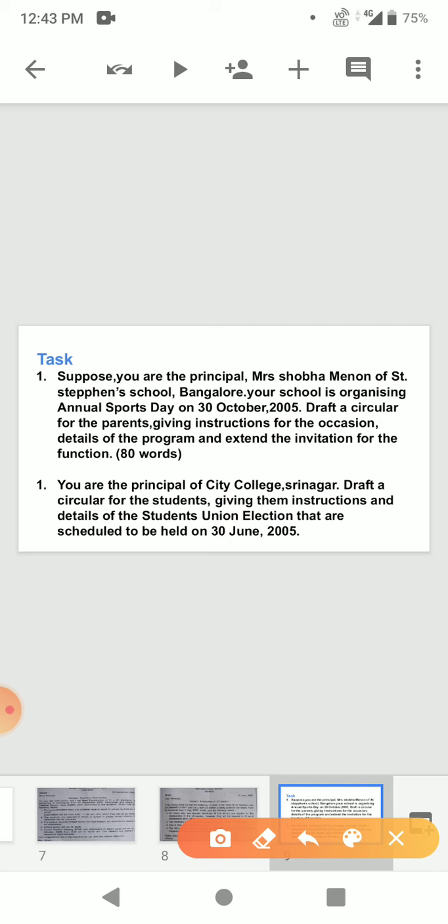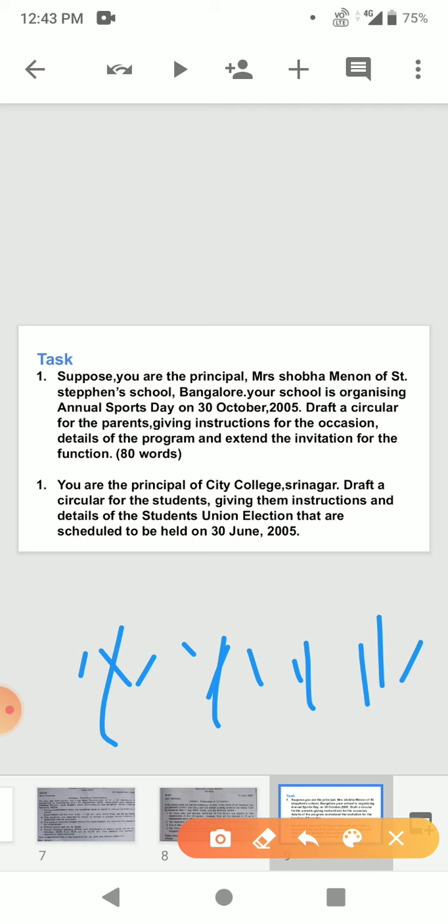So your subject will be here at the top, and it will be students union election, because you are going to talk about this. So this will be the subject. Then you will mention, after subject, the content, that this students union election is going to be held on 30th June 2005.